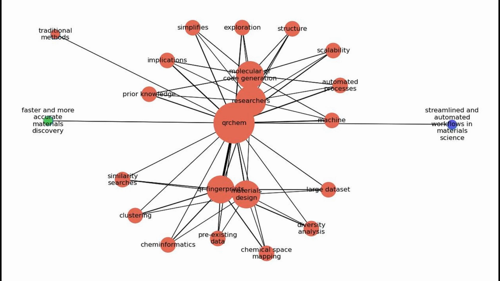Since QRChEM is based on a large dataset of over 134,000 molecules, it is poised to scale effectively in materials design. The model's ability to learn from extensive pre-existing data means it can adapt and expand its capabilities as more data becomes available. This scalability is crucial in a field where researchers continuously seek new materials with specific properties.